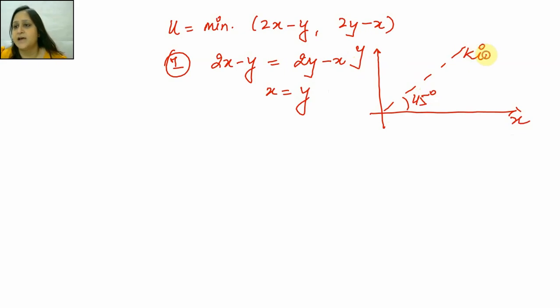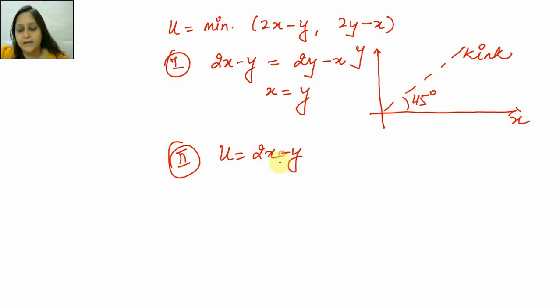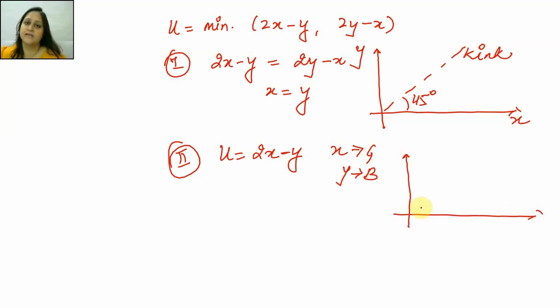This line is the line which carry my kink. Second part, u is equal to 2x minus y. You know कि x जो है वो गुड है, y जो है वो बैड है. It's a good bad combination, which means that my curve is upward sloping.